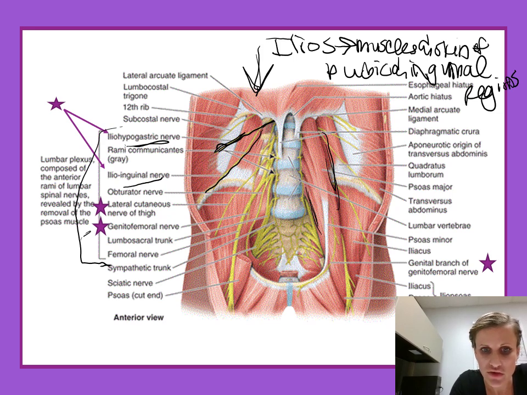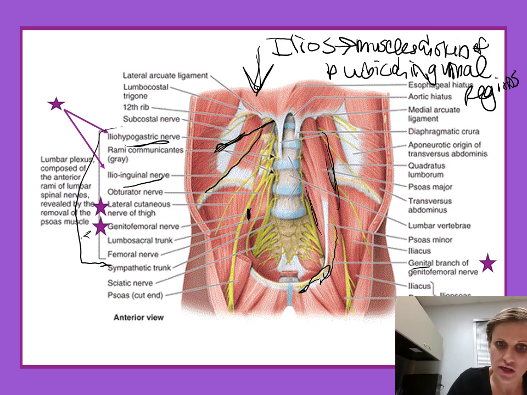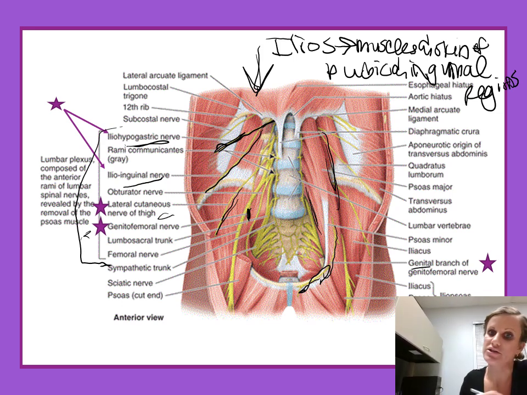The genitofemoral nerve, you can see just the very beginning right here. Inferiorly, it splits, and it has femoral branches and genital branches. Over here you can see the genital branch coming through the psoas major and then progressing down towards the genitals. The lateral cutaneous nerve of the thigh, you can see right here, rather large. The lateral cutaneous nerve of the thigh enters the thigh.